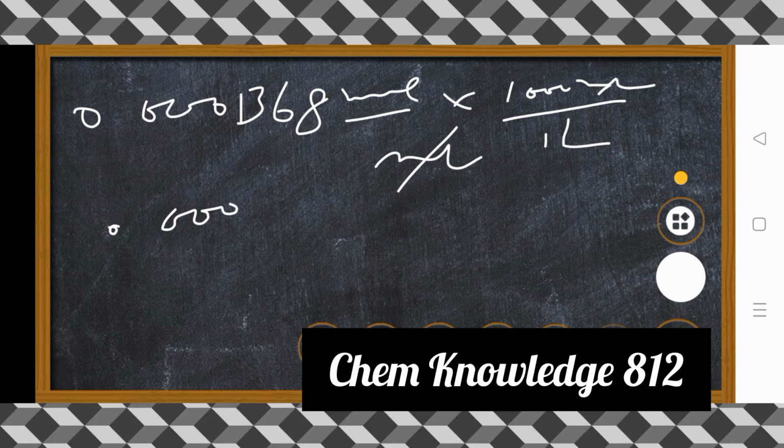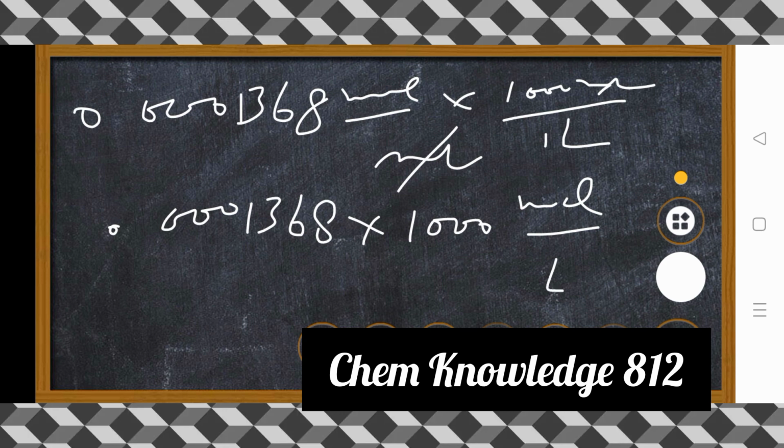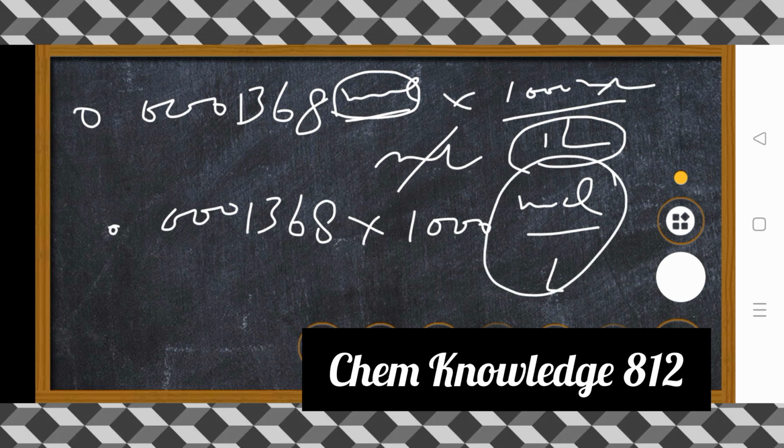We will get the value 0.001368 mole into thousand, because this liter remains and this mole remains, so we get mole per liter.